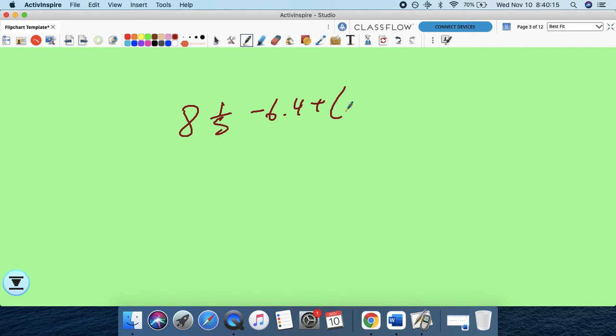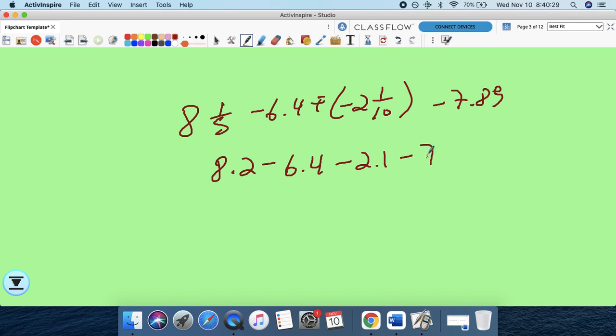8 and 1/5, 6.4 plus negative 2 1/10 minus 7 over 89. Definitely decimals here. The easier way to do it. And then positive and negative is just a negative, so I'm just going to write 2.1 minus 7.89. So this is really not too difficult. 8.2 minus 6.4 is just 1.8 minus 2.1.